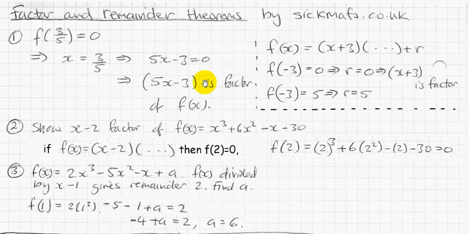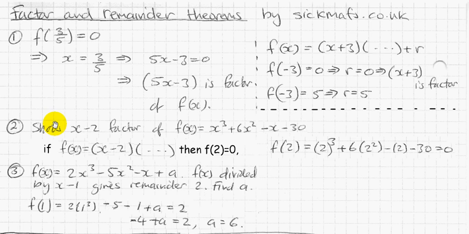That means 5x minus 3 must be a factor, because we want a value of x that goes into a bracket that makes that bracket 0. Like we had over here, minus 3 made this bracket 0, and if overall that x value makes the whole thing equal 0, that means this bracket is a factor of f(x). So that's the idea behind that.